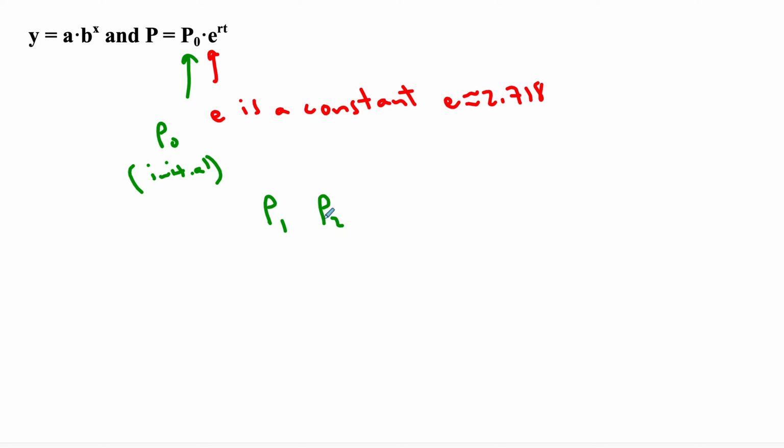P sub 2 would be after 2 minutes, seconds, whatever. Whereas P sub 0 would be the 0th minute, or when we started, the initial. That, believe it or not, does say initial. But that being said, beyond subscript notation, I'm going to match up, just for your own edification, these different terms.